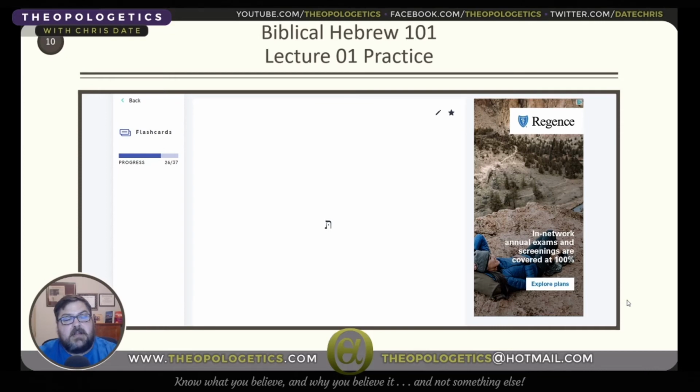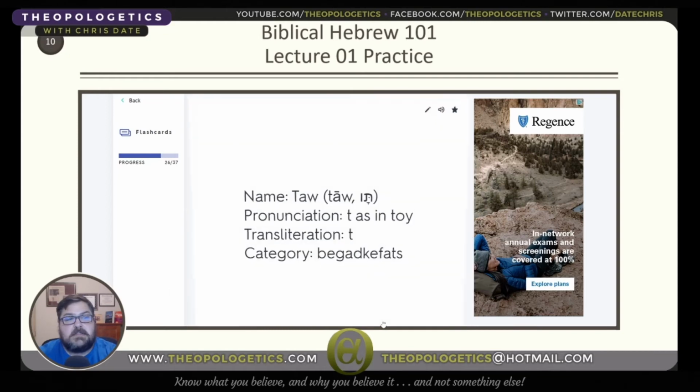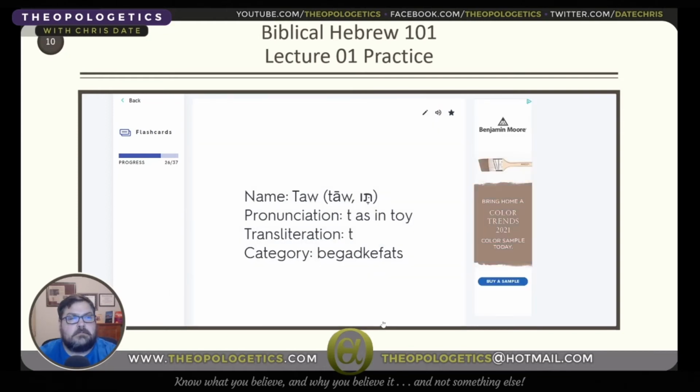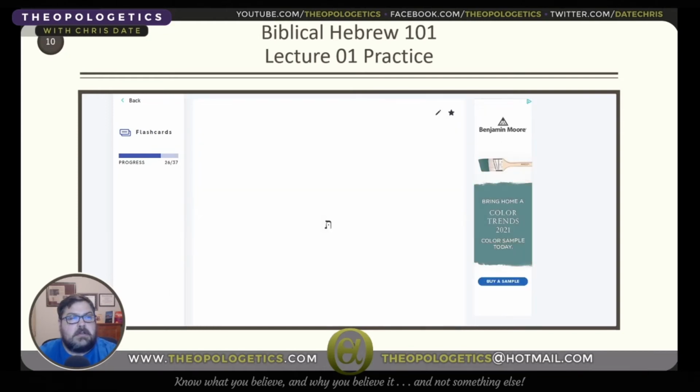It is transliterated using a T, and it is in the category of letters that take a dagesh lene, which is the begad kefat. Next up.